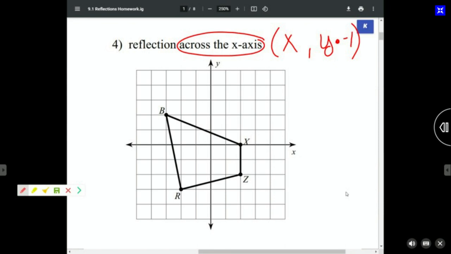So it's going across x, so that means it's got to flip over, up and down, okay? Y, flipping back and forth, left and right. X, back and forth, up and down.